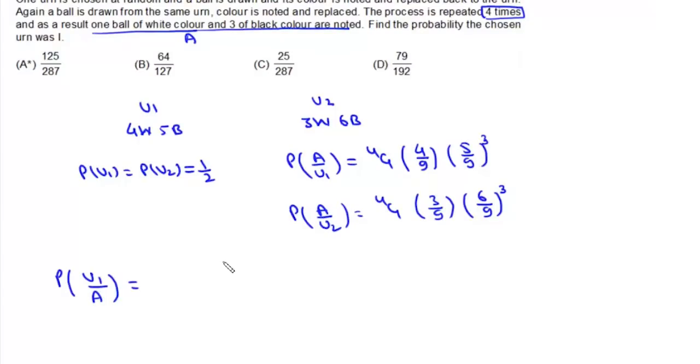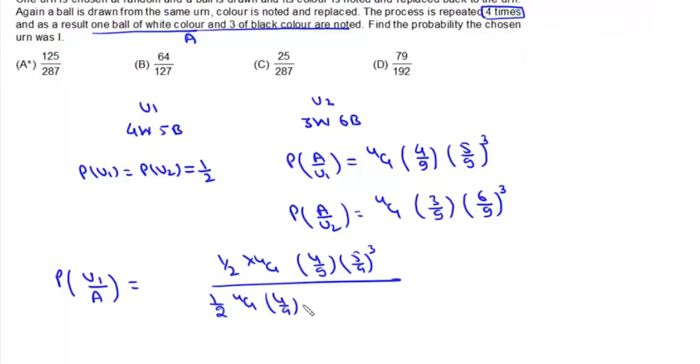So we'll take this case in the numerator. So it will be 1 by 2 and 4C1, 4 by 9 into 5 by 9 cube, upon 1 by 2 into 4C1, 4 by 9, 5 by 9 cube plus 1 by 2 into 4C1, 3 by 9 into 6 by 9 whole cube. Now 1 by 2 and 4C1 will cancel and this 9 to the power 4 will also cancel.